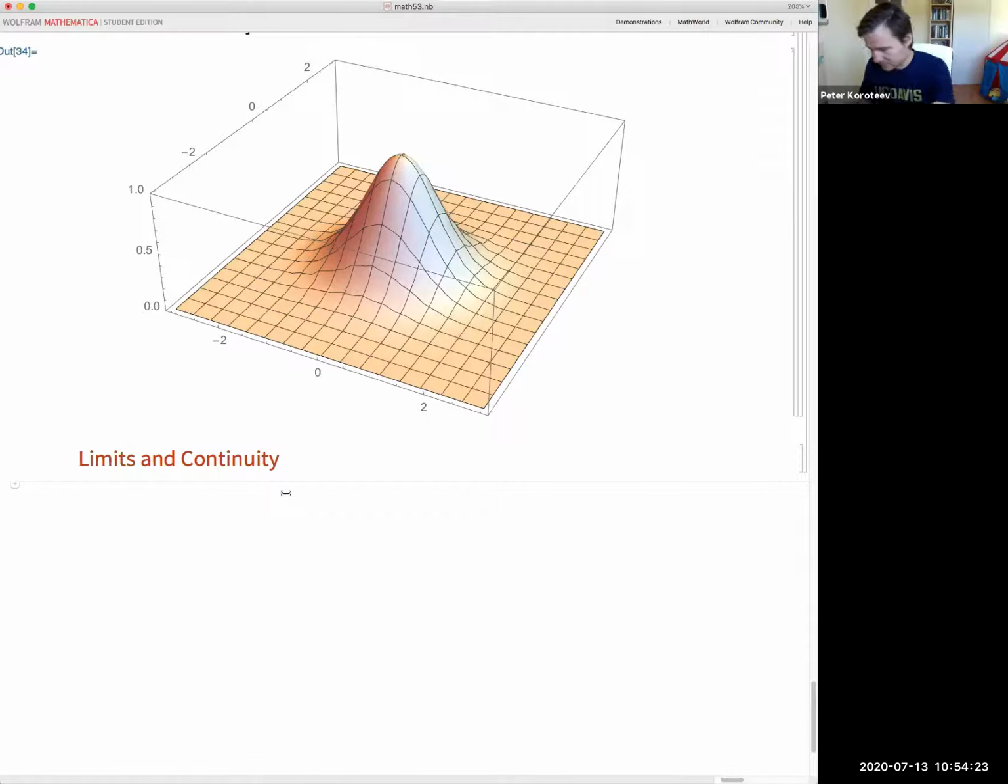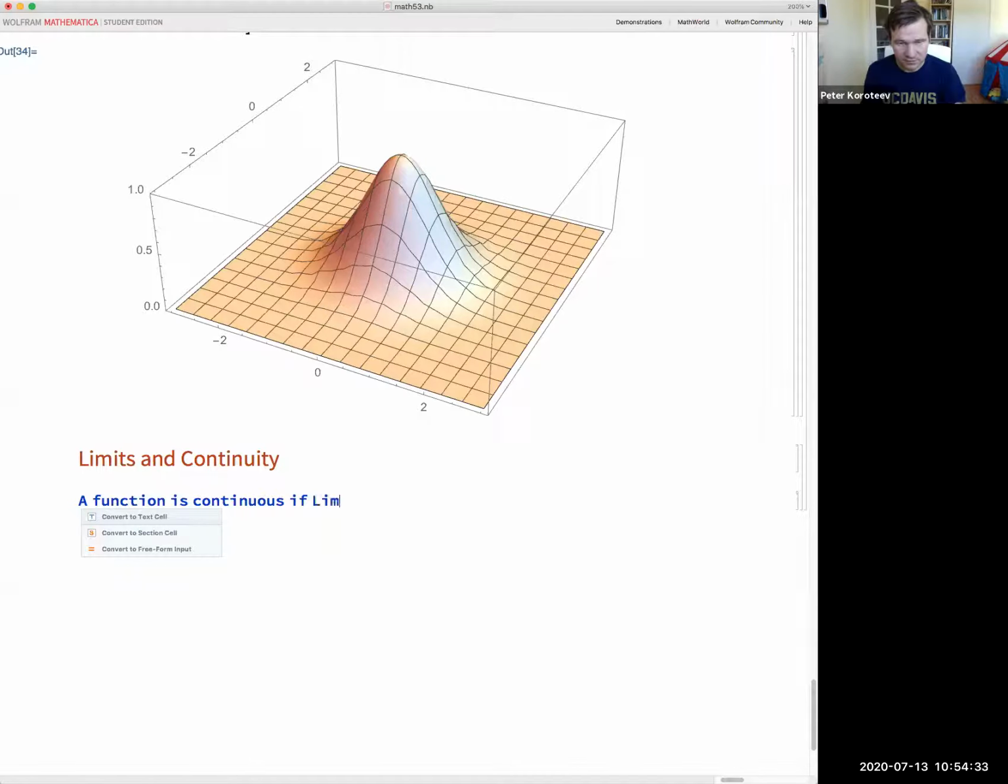You would say that a function is continuous if the limit of f of x, y as x, y goes to some point (a, b) is equal to f of a, b.